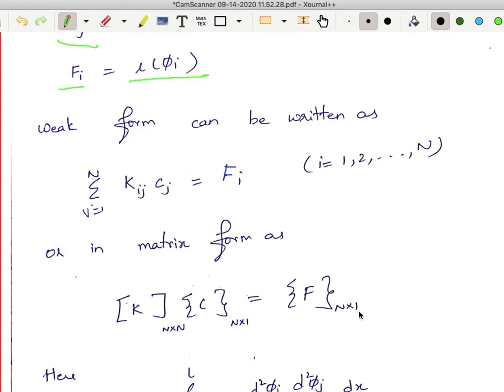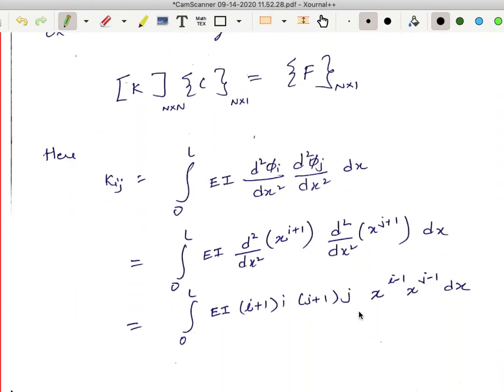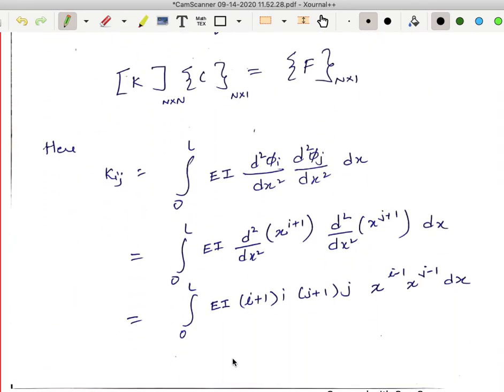The C matrix is unknown. What can be estimated are K and F, and the unknown is C. So the weak form statement is Kc equals F, where K is called the stiffness matrix and F is called the force vector.